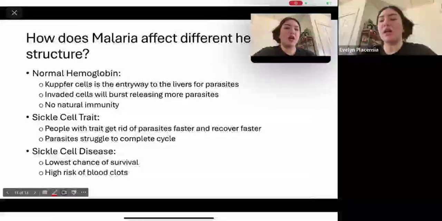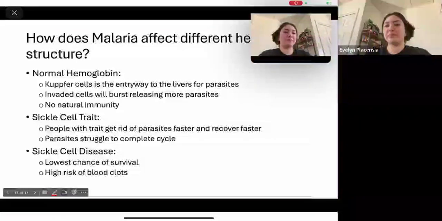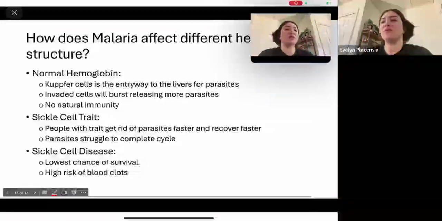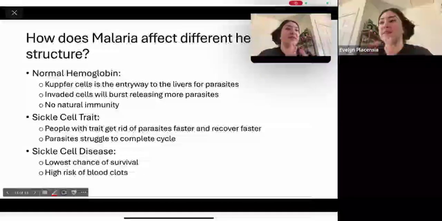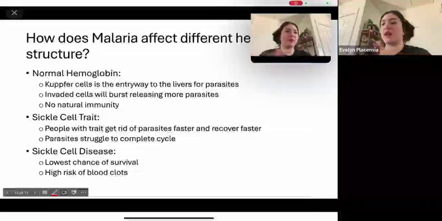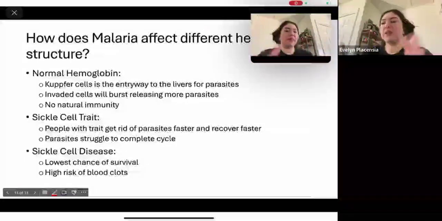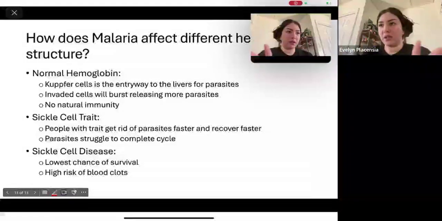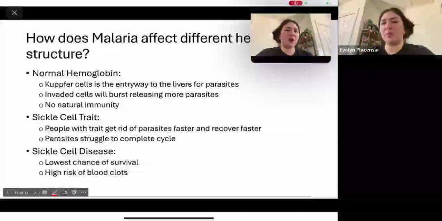Okay, so to highlight some of the main points in this section, the reason for sickle cell in these areas, right, in these African countries, and it's not just Africa. There are some portions of India and some neighboring islands.